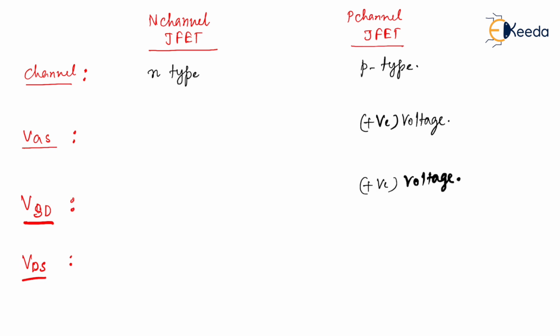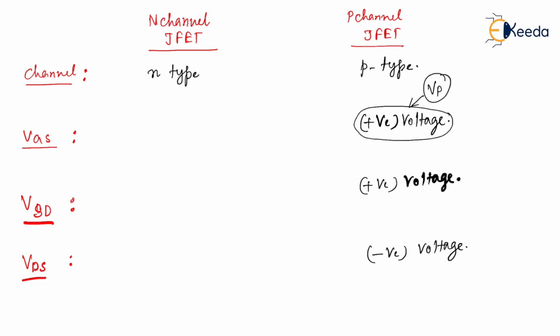So we can say that the drain to source voltage for the P channel JFET is negative. And since the VGS is positive voltage, we can say that the pinch off voltage for the P channel JFET is positive, that is the Vp.